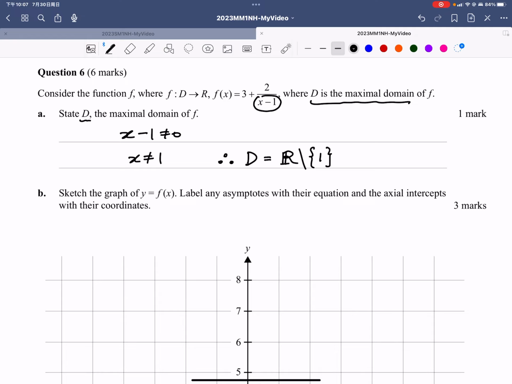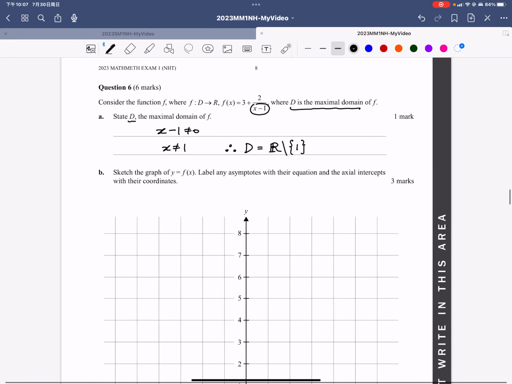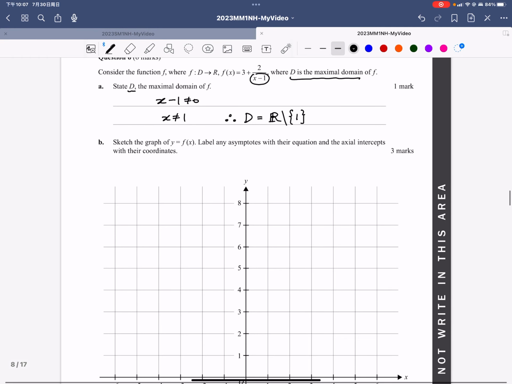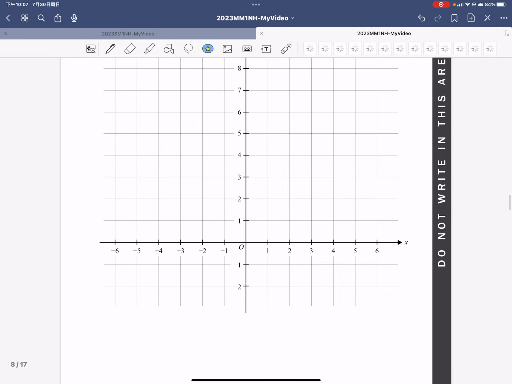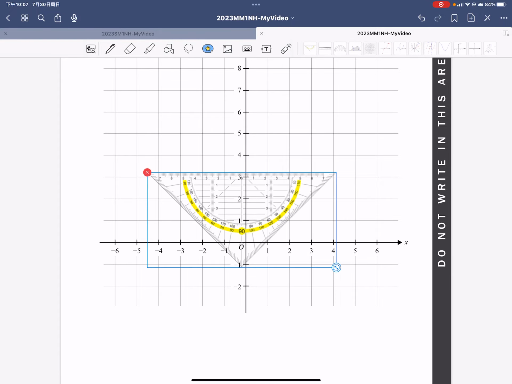Okay? And the next thing is to sketch the graph. So immediately you have these two asymptotes: x equals 1, y equals 3. I strongly recommend you use a ruler. Here is a ruler.